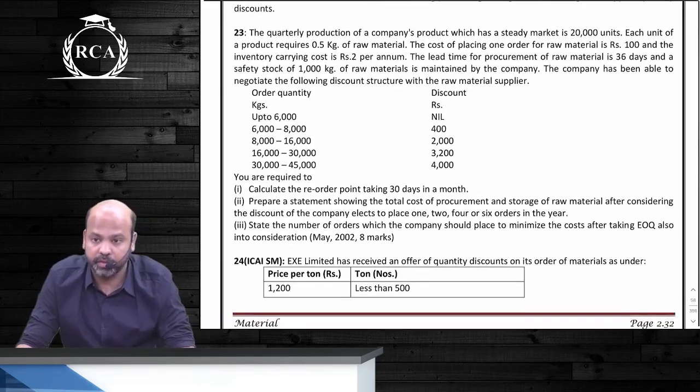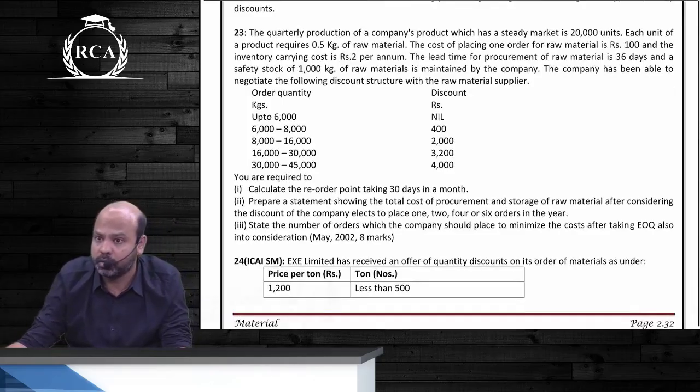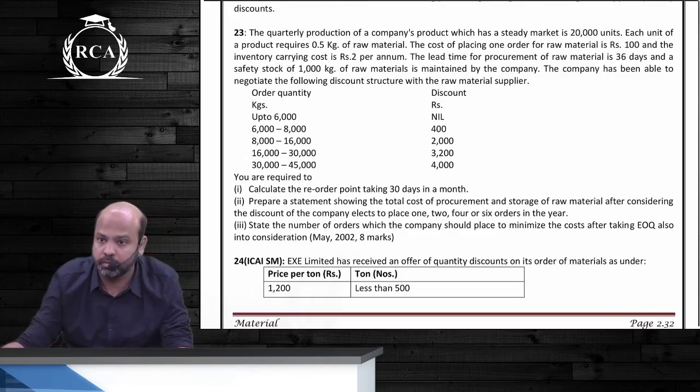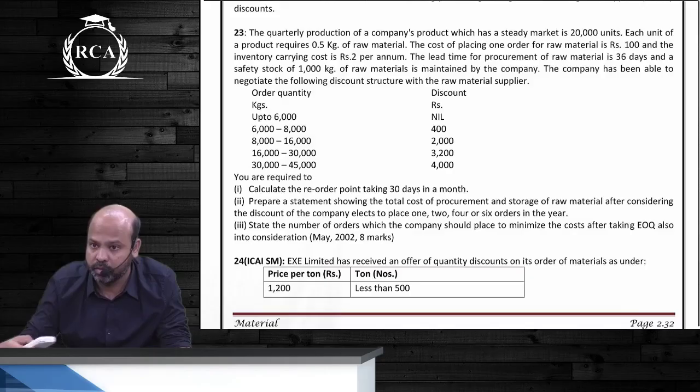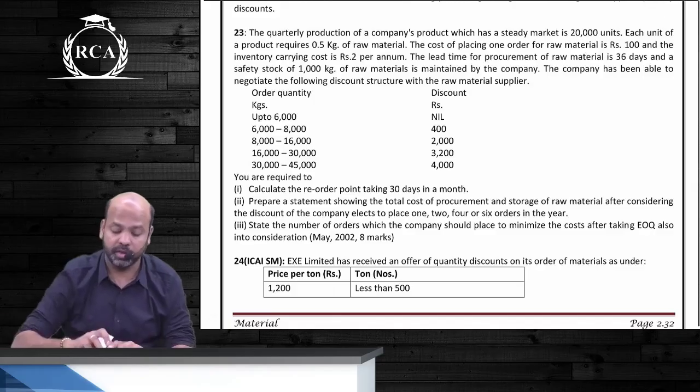Question number 23, guys. The quarterly production of a company's product, which has a steady market, is 20,000 units.